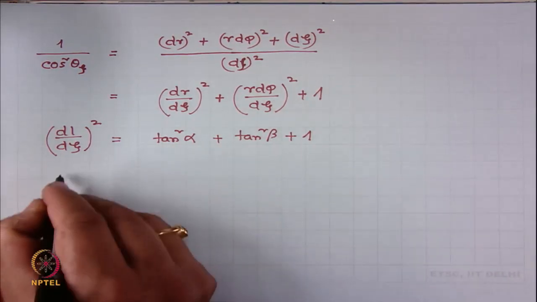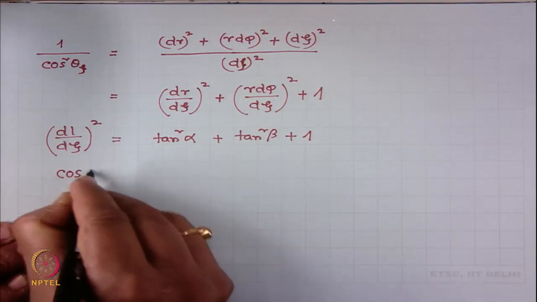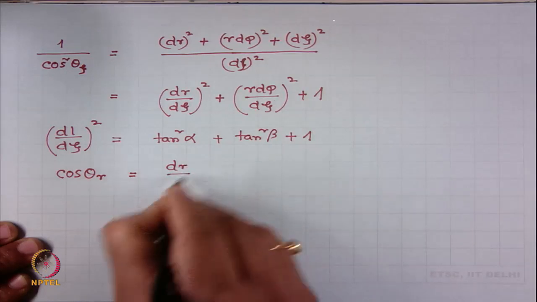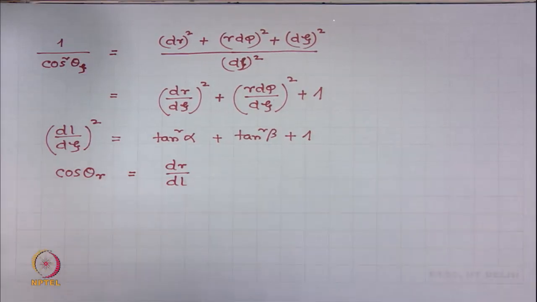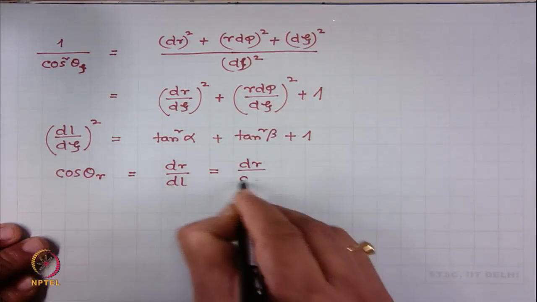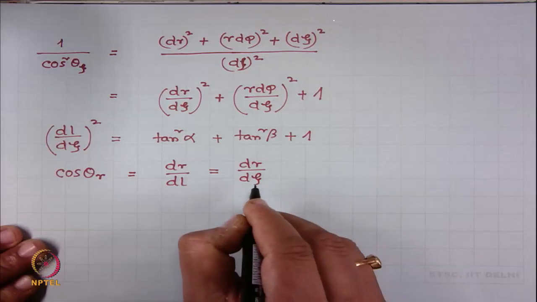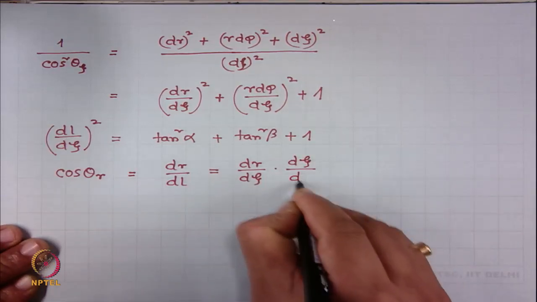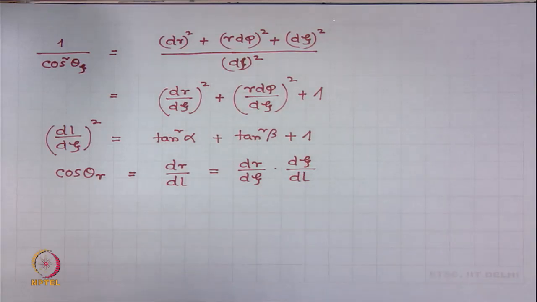Similarly, in the earlier slide what we wrote, cos theta r is dr by dl. Now, dr by dl can also be written as dr by d zeta into d zeta by dl, right.